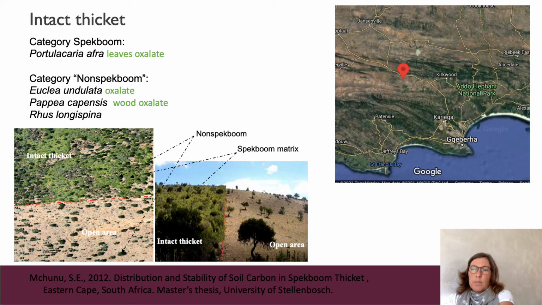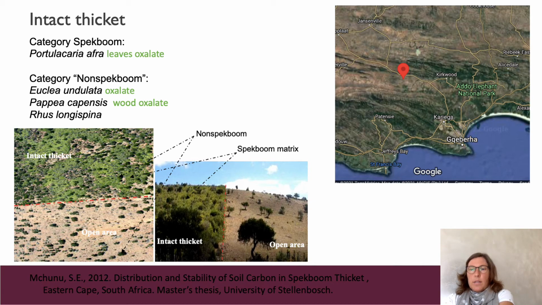Sinitemba Mchunu did a master's thesis at the Soil Science Department at the University of Stellenbosch, which compared thicket which was divided into two categories, spekboom and non-spekboom matrix.